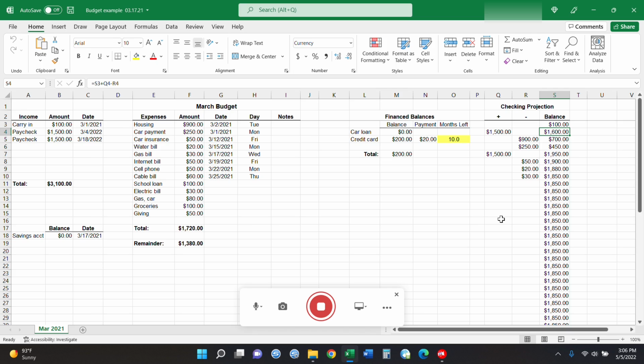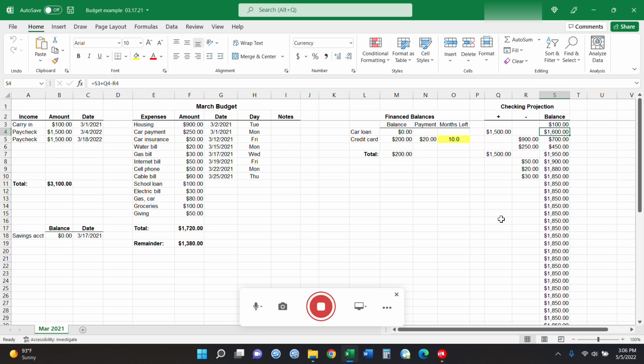Now, the reason that this checking projection section is here is to allow you to project forward into the future and be able to see a couple of different things. One, some people I've worked with and occasionally helped with budgeting have found that you sometimes have a problem with, for example, overdrafting a checking account, and it's really not that they don't make enough money to pay a particular bill. It's just that the timing of some of their bills is in the wrong order compared to when their paycheck gets automatically deposited. Okay, so if their bills were scheduled on a different due date, they'd be fine.